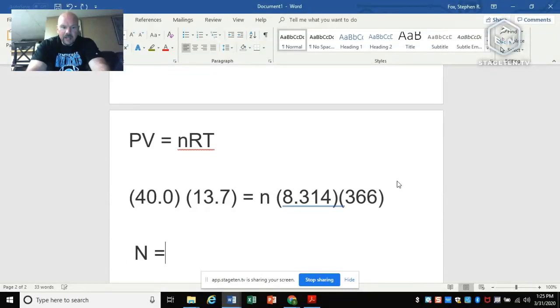Okay, so n equals 40 times 13.7 divided by 8.314 times 366.